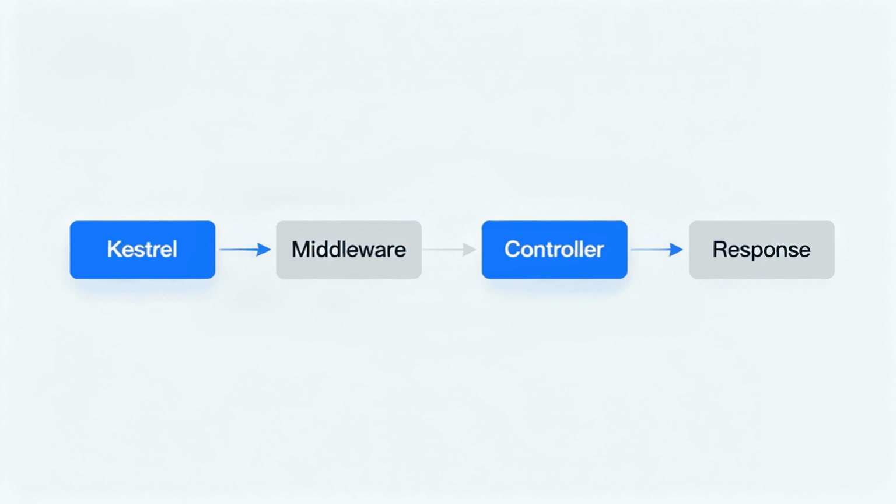Finally, the endpoint executes, like your controller action. 5. Then the response travels back through the same middleware in reverse. Yeah, that's right. Middleware runs twice, once going in and once coming out. It's like a hallway. When you walk in, you pass every room. When you leave, you pass them again.